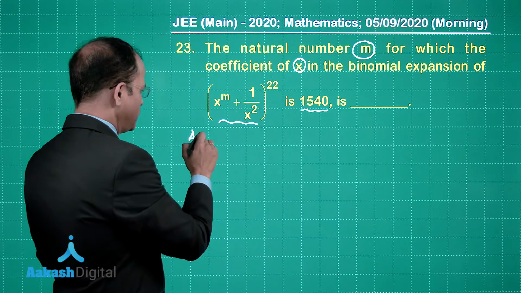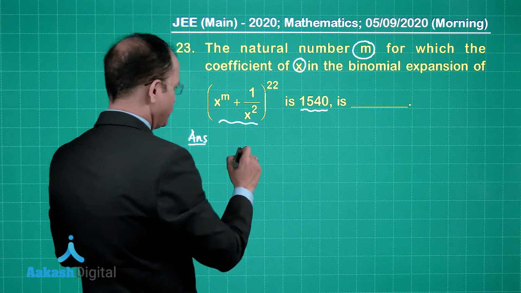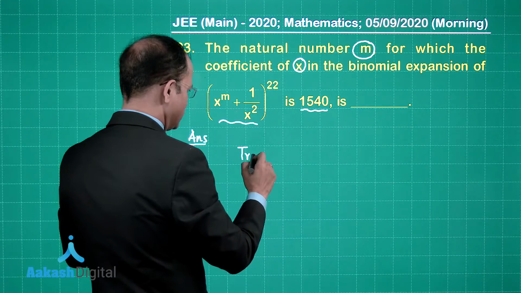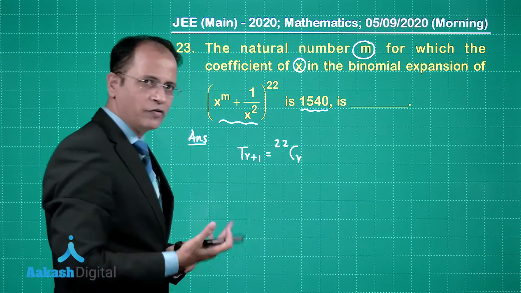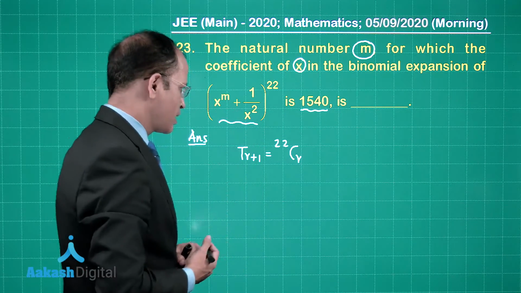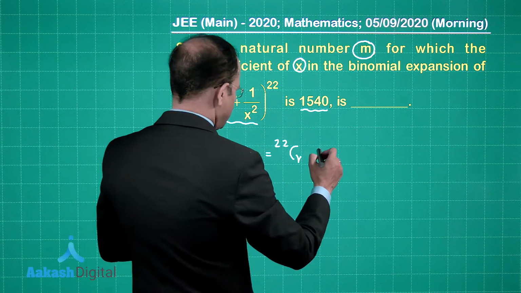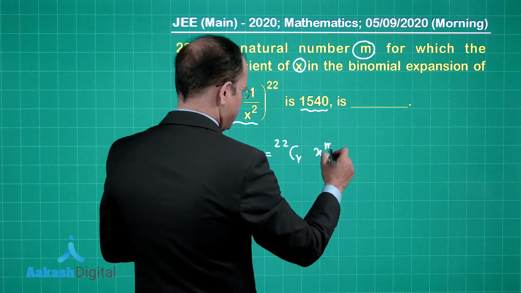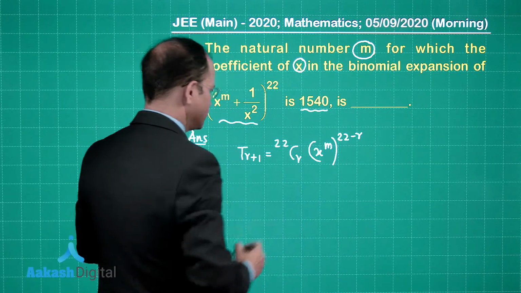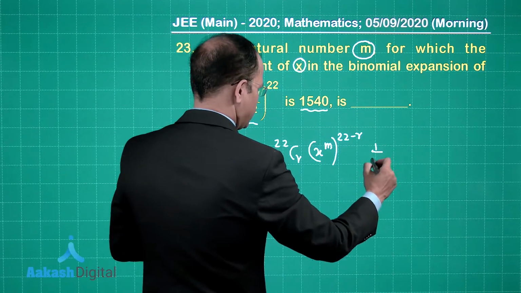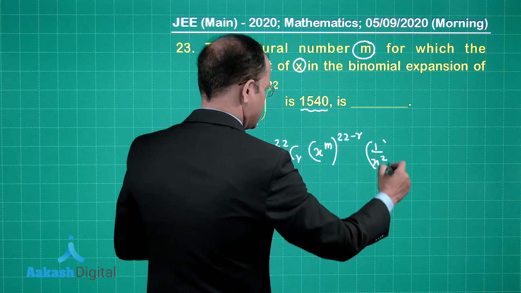So if you just write the general term, T(r+1) is 22Cr, obviously with sigma. Now we can write it in this way: x^m raised to the power 22 minus r, and again we have 1 upon x squared raised to the power r.